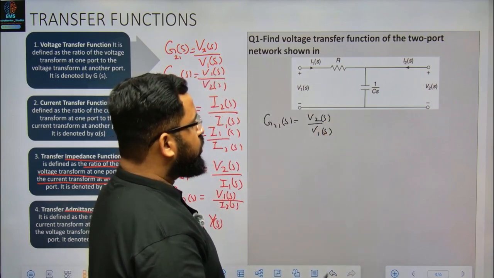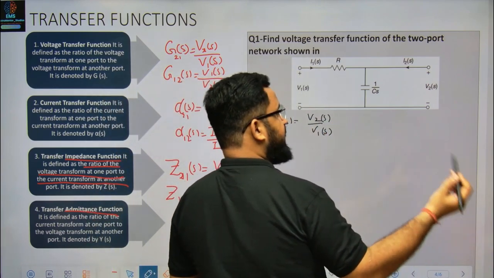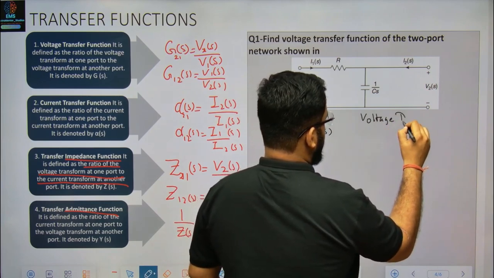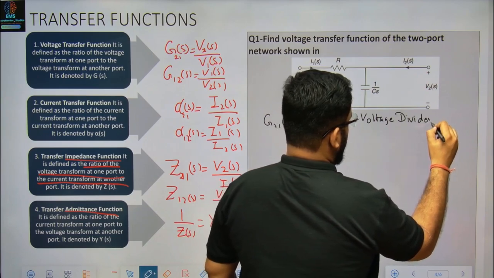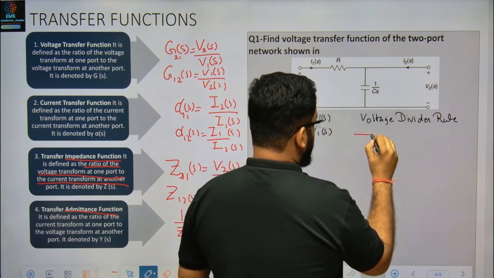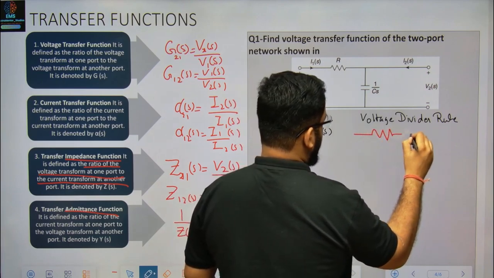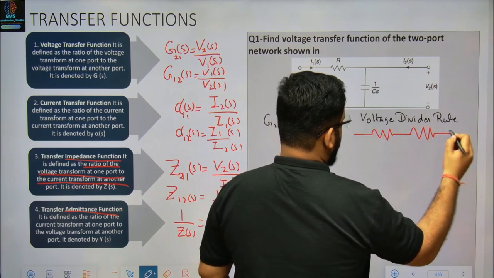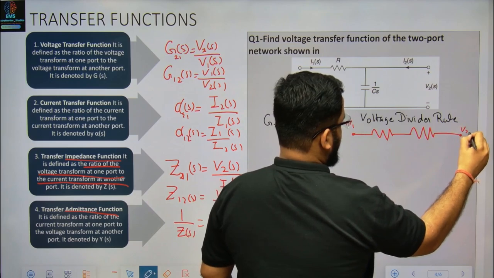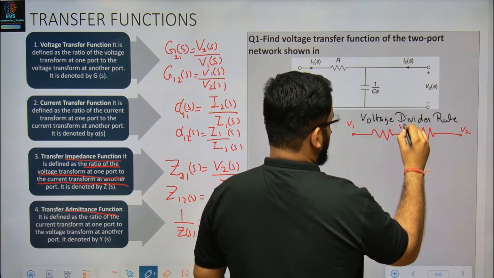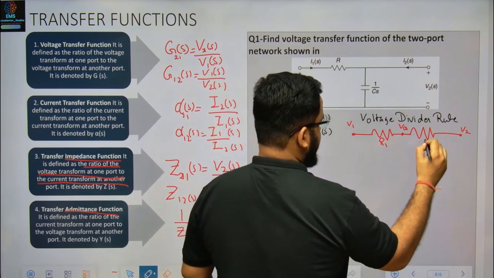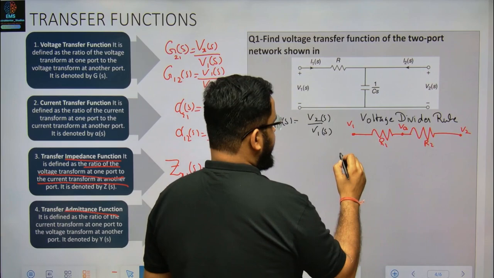Before going ahead, let us revisit the voltage divider rule, because it will become easier for you to handle the question. Let us say we have two resistances, R1 and R2. We have a voltage V1 over here and a voltage V2 over here, and we need to know this voltage VA.